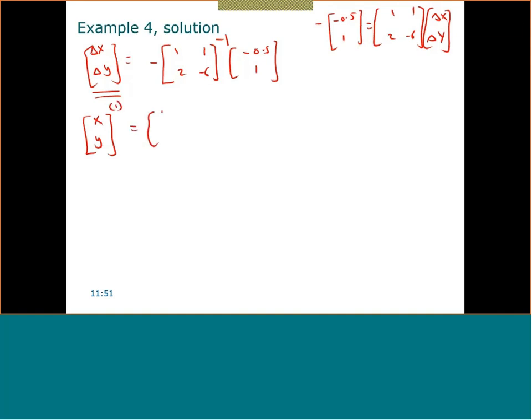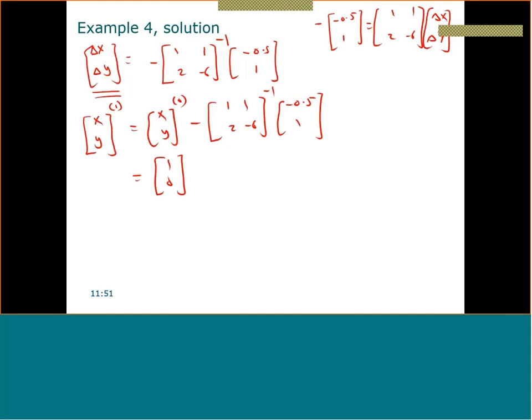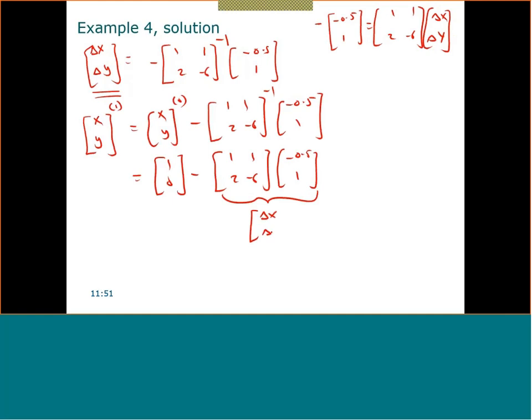This is equal to x and y at 0 minus all of this: 1, 1, 2, minus 6, inverse, minus 0.5 and 1. And now substitute. What were x and y? It was 1 and 0. This is my initial guess, minus the inverse of 1, 1, 2, minus 6, times minus 0.5 and 1. Remember, all of this is nothing but delta x, delta y.